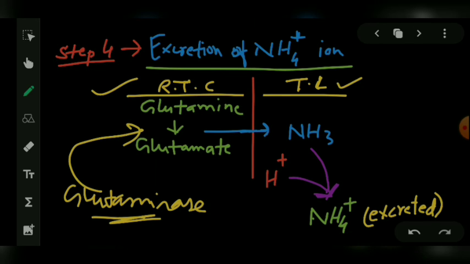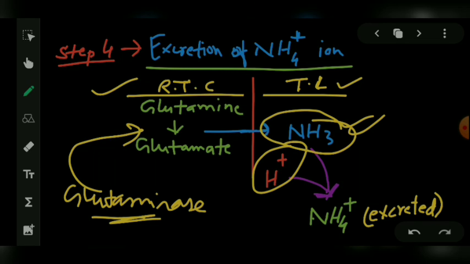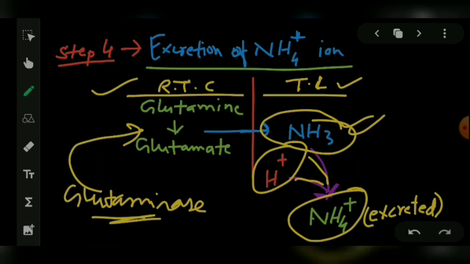This enzyme acts and glutamine is converted into glutamate, and then NH3, that is ammonia, is given into the tubular lumen, and in the tubular lumen H plus is already present. So this H plus and the ammonia combine to give NH4 plus, the ammonium ion, and it is excreted out. So this was the fourth step.